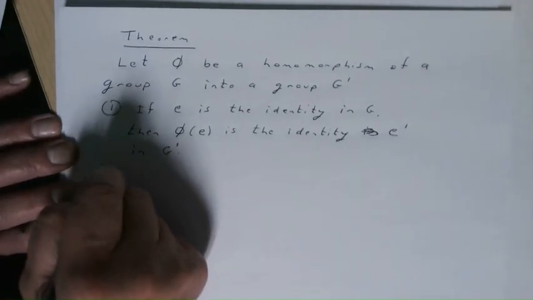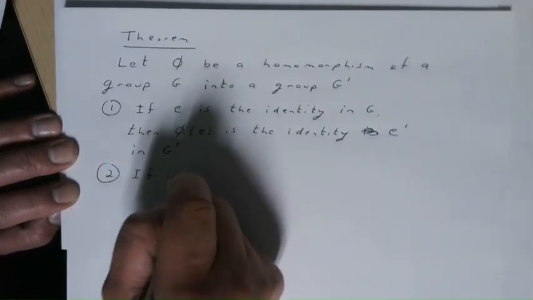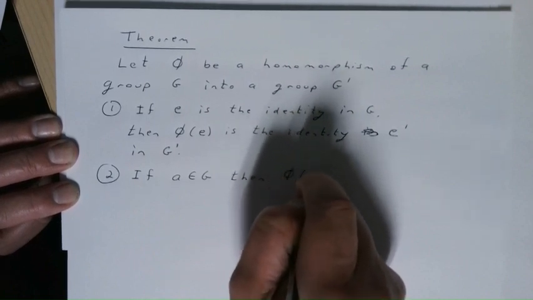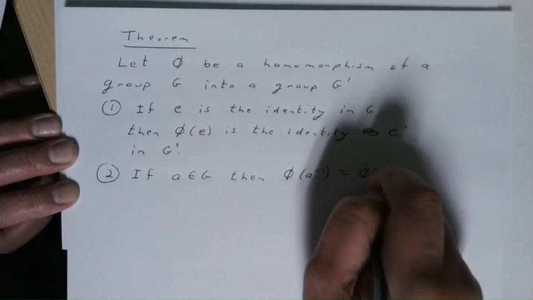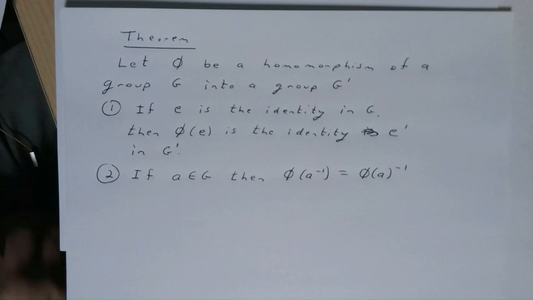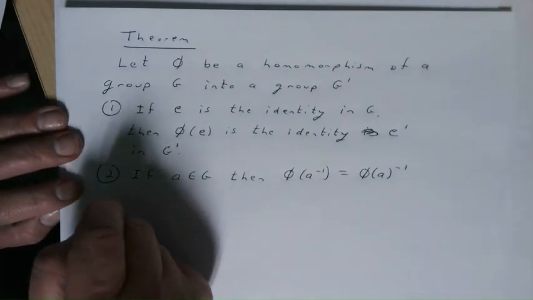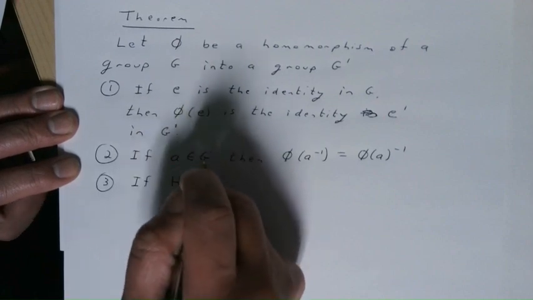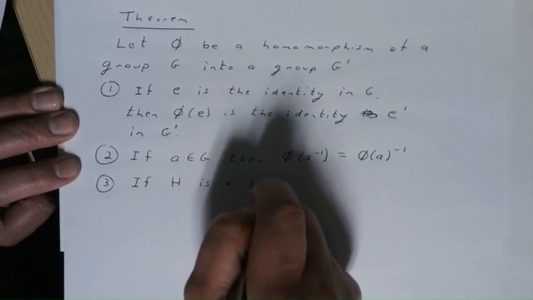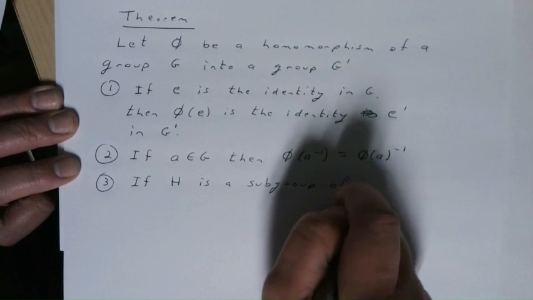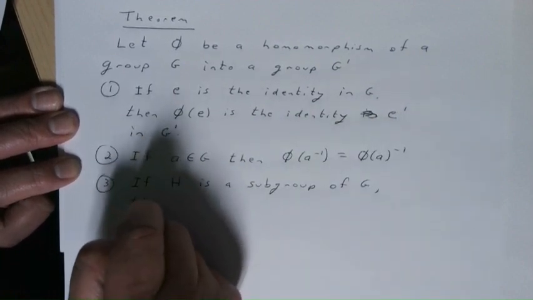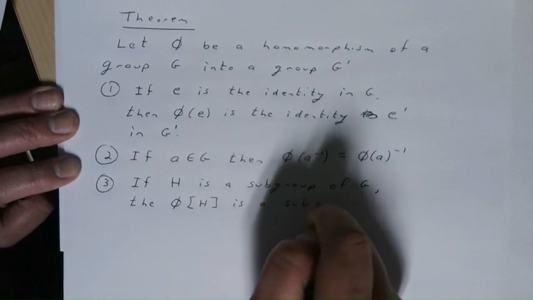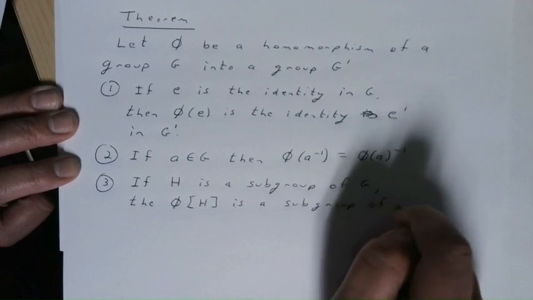And then also, 2, if A is in G, then phi of A inverse is equal to phi of A, inverse. 3, if H is a subgroup of G, then phi of H is a subgroup of G prime.